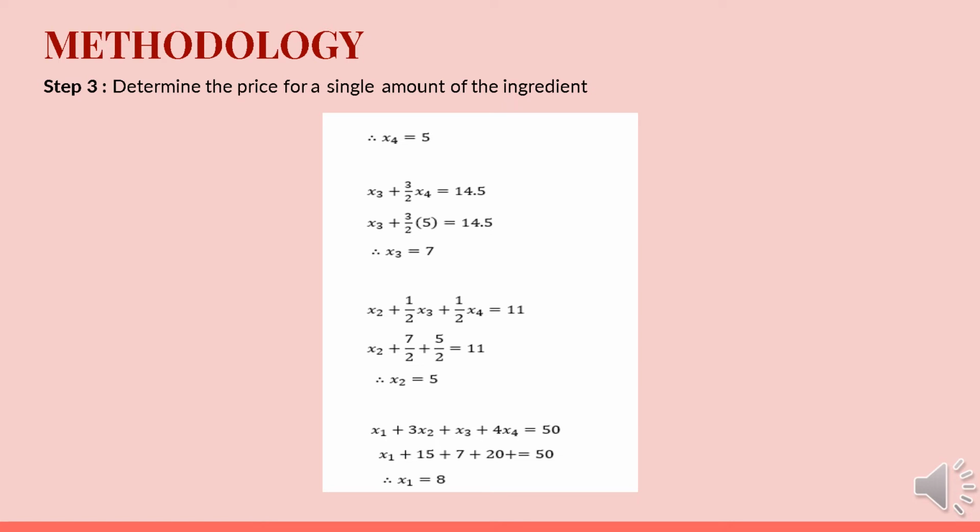The last row, we have x1 plus 3x2 plus x3 plus 4x4 equals 50. After we've substituted, we've got x1 plus 15 plus 7 plus 20 equals 50. And we will get our x1 equals 8.